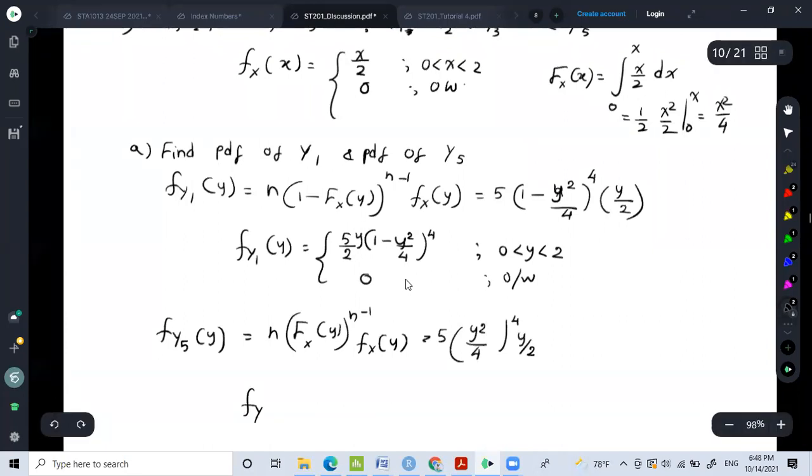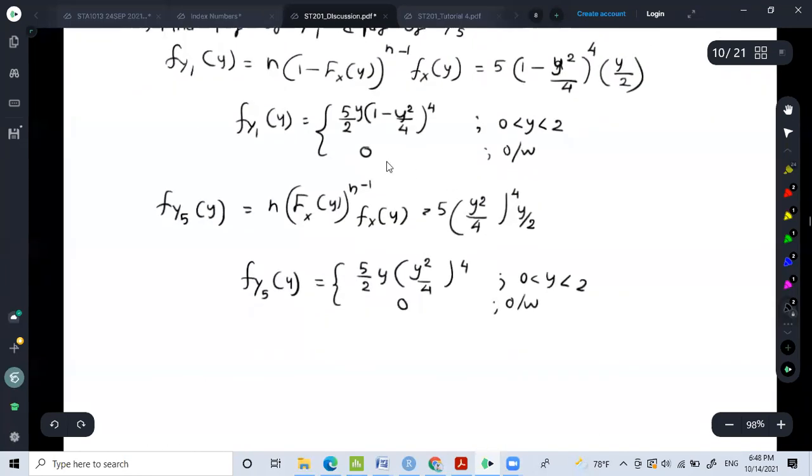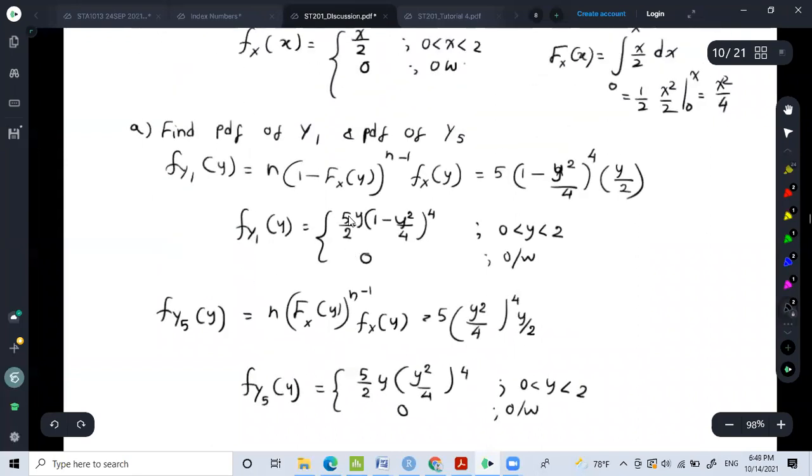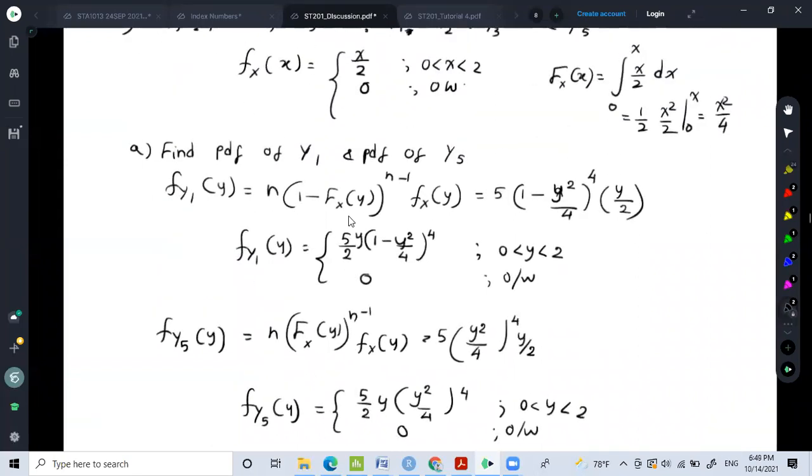So that will be this. Now, if you do not rearrange the terms and leave it like this, that's also okay. No problem. You won't lose any marks. This is just to make the answer nice. So you have to find the PDF of the min and the max.